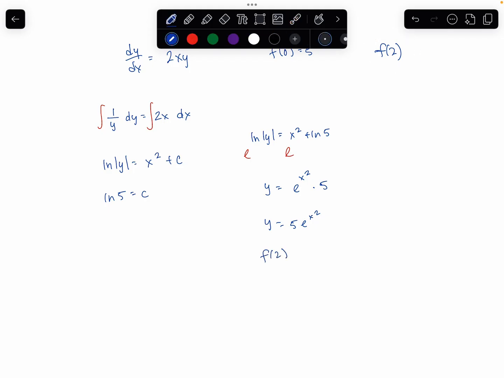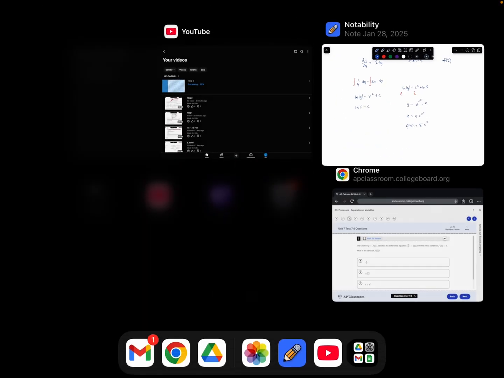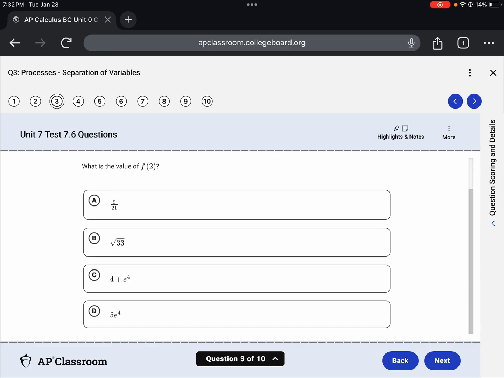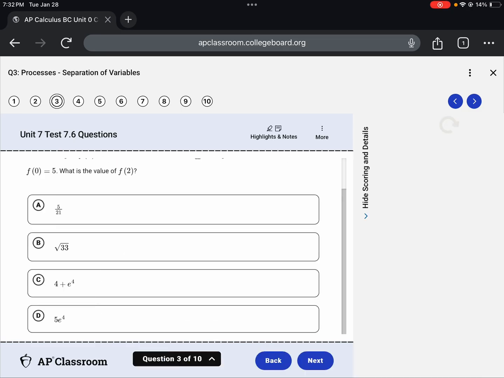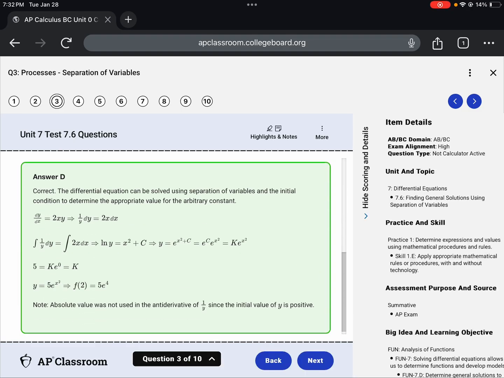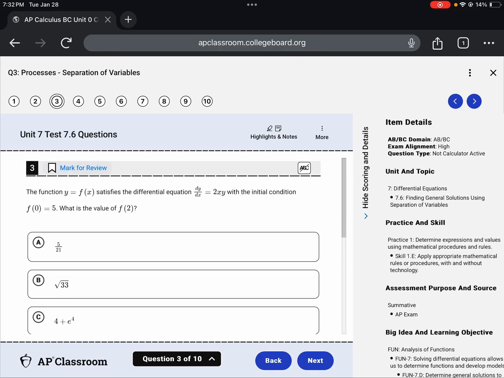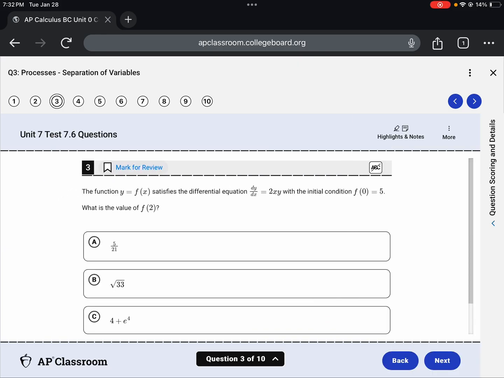So f of 2 will be equal to 5e to the 4th. So 5e to the 4th, that will be d. There you go. Again, definitely recommend doing 3 as a question for 7.7. I think that would be a good one to do.